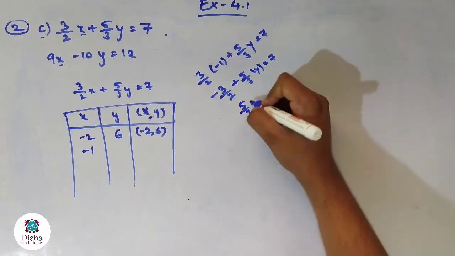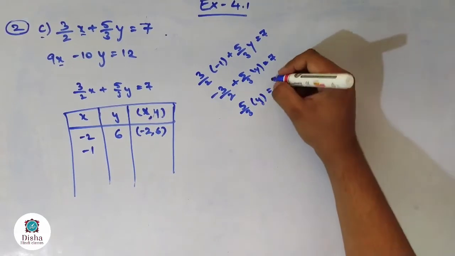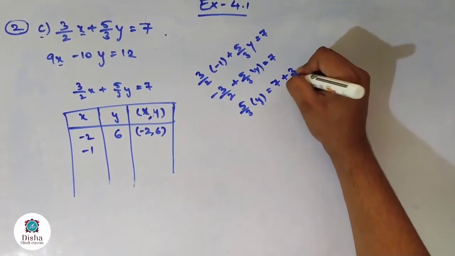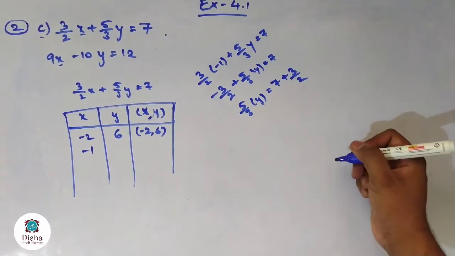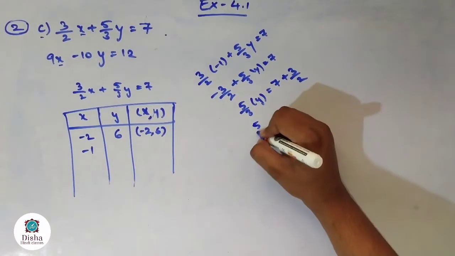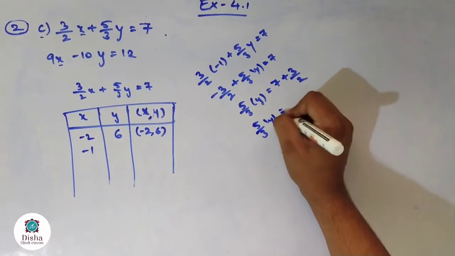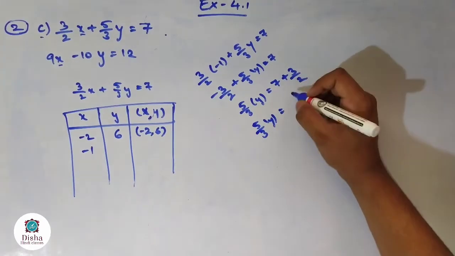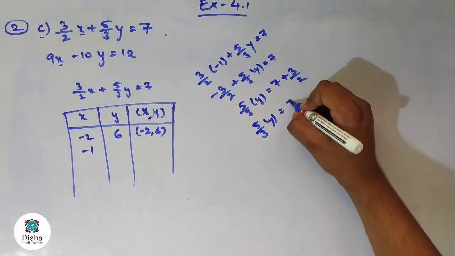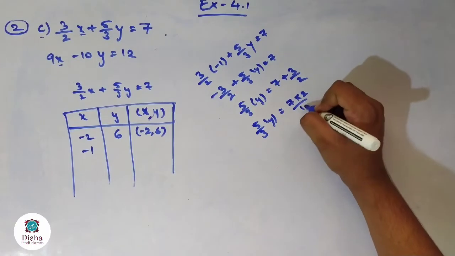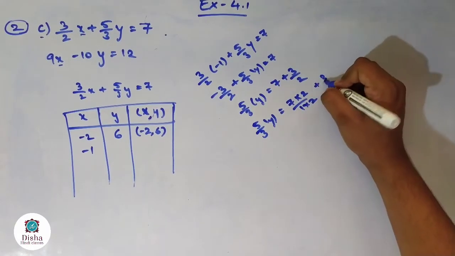So 5 by 3 of y equals 7 plus 3 by 2, right? So 5 by 3 of y equals, now here we have to take the LCM. So 7 into 2 by 1 into 2 plus 3 by 2.